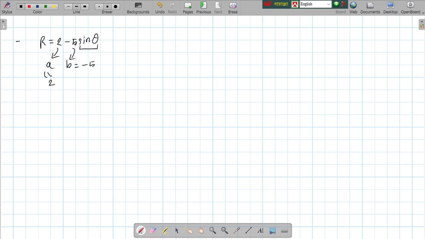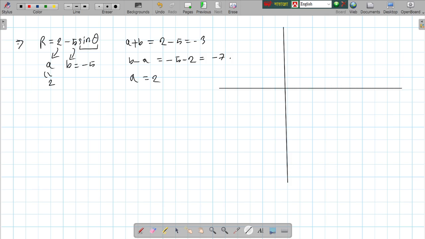So a plus b is 2 minus 5, minus 3, and b minus a is minus 5 minus 2, so it's minus 7. So let's trace the curve.